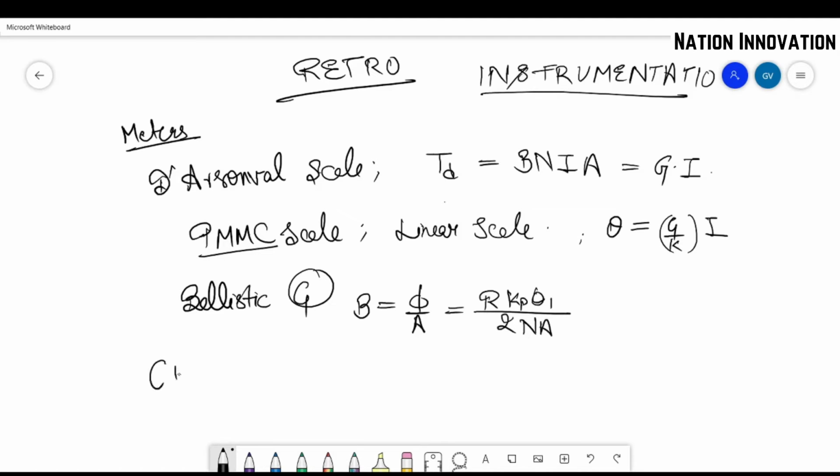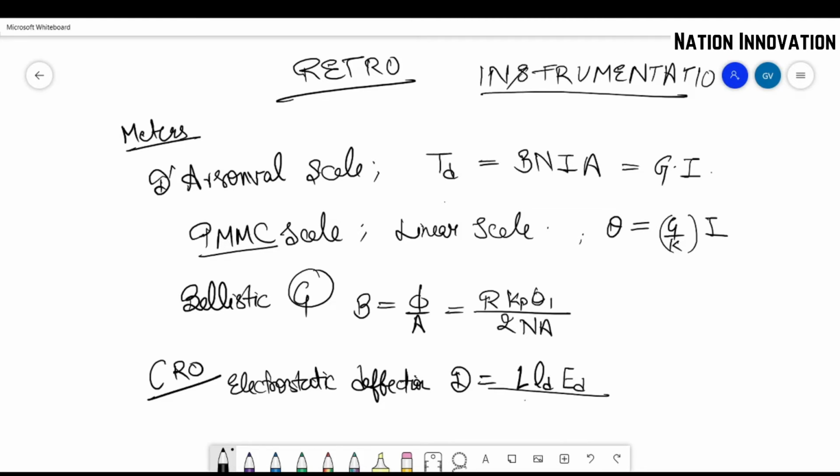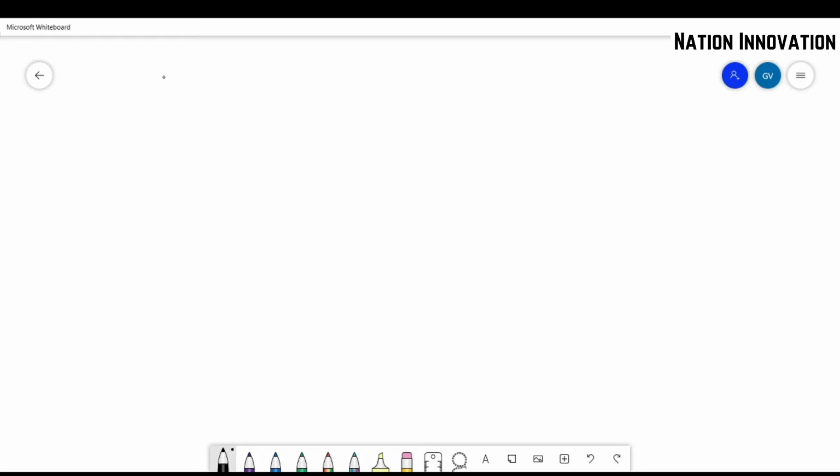And then we have CRO based electrostatic deflection, which is given by capital D is LLD over 2D. This is the exciting potential, this is the deflecting potential, length of screen from source. This is the separation between. This is the most important thing, and the galvanometer to ammeter and voltmeter conversion.